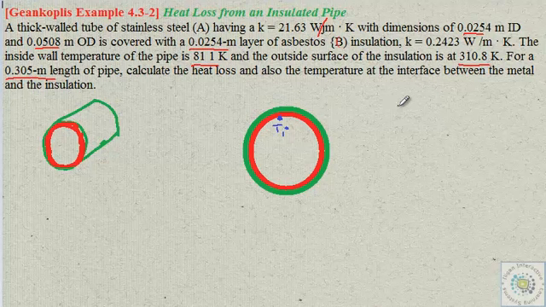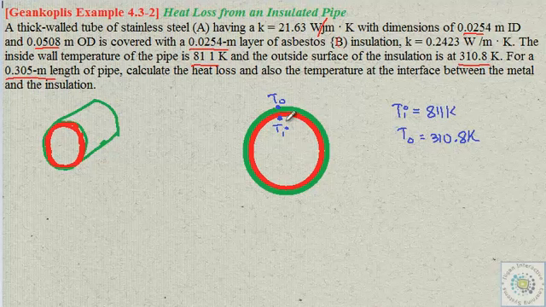What's Ti? Ti is equal to 811 Kelvin, the temperature inside the pipe. The temperature at the outside surface of the insulation is T out, and T outer is 310.8 Kelvin.